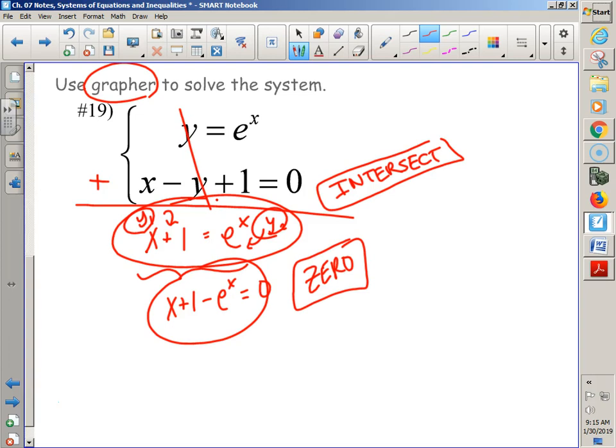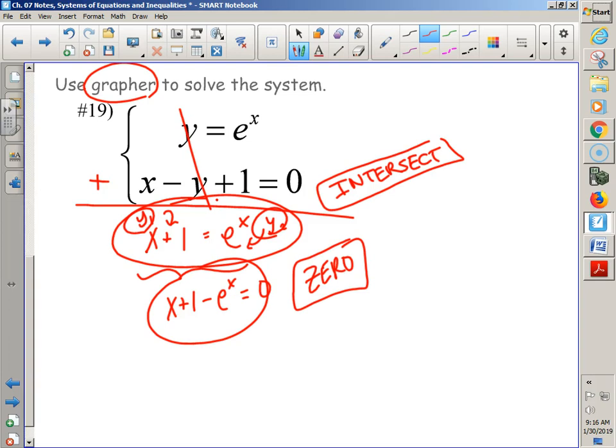So what's the dilemma with intersect? You have to change your x and your y to go figure out where it's intersecting. What's nice about the 0 feature? You might have to change your x's, but where is the y always going to be? 0, on the axis. So this is kind of looking forward to AP Calculus. I know. But we're trying to get better at our calculator, better at the basics, so that when you learn the calculus, you don't have to relearn all the basics.